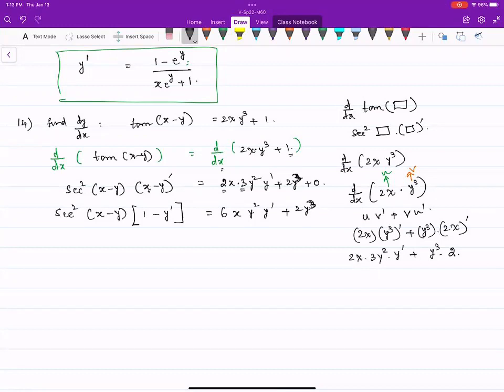All right. Now we have to collect all the y prime terms. The goal is to find y prime, so collect all the y prime terms on one side.